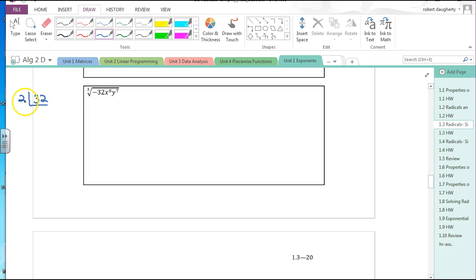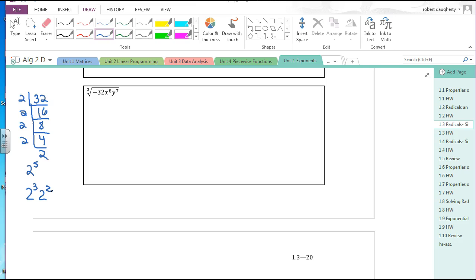I'll divide it by 2 and I get 16, divide by 2 and I get 8, divide by 2 and I get 4, divide by 2 and I get 2. So this is 2 to what power? 2 to the 5th. Since I'm taking cubes, I'm going to write this as 2 cubed times 2 squared. Why do I do that? Because I'm taking cube roots.